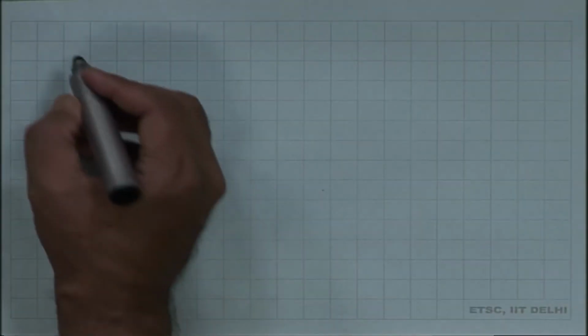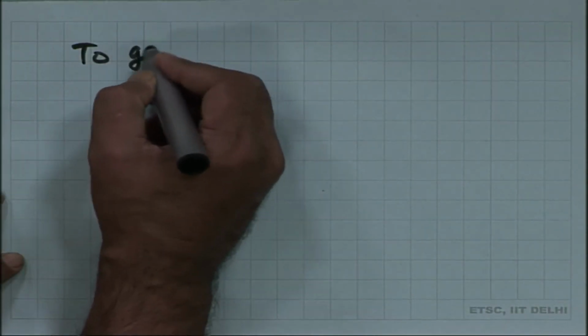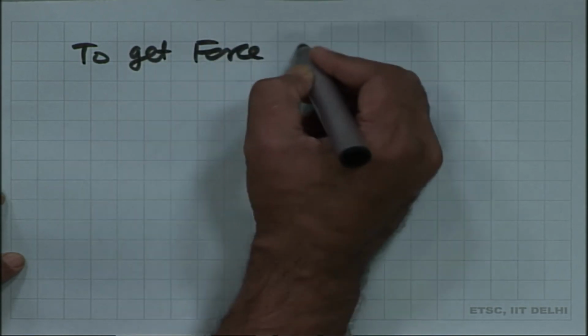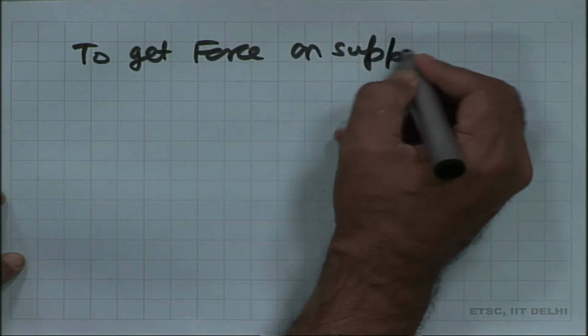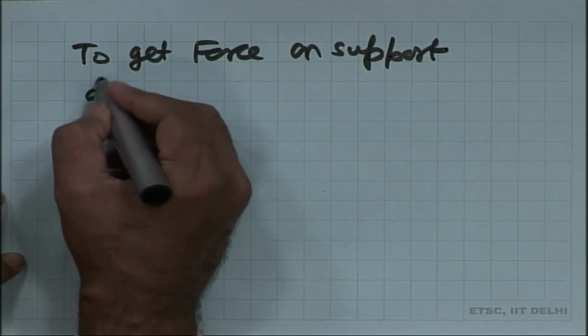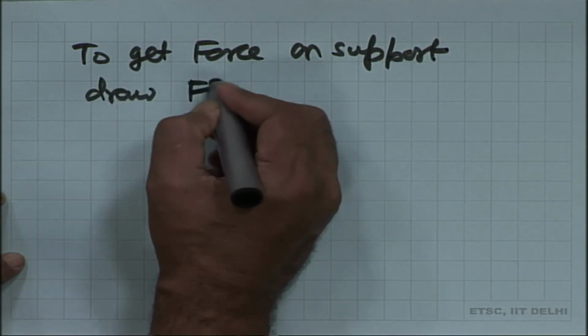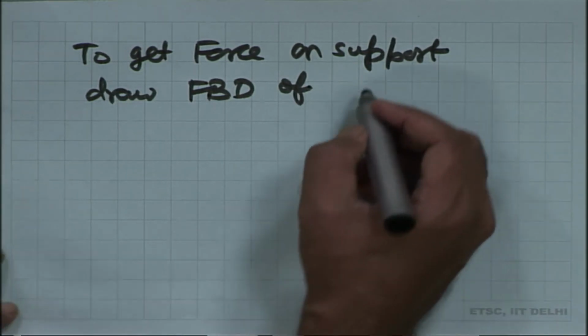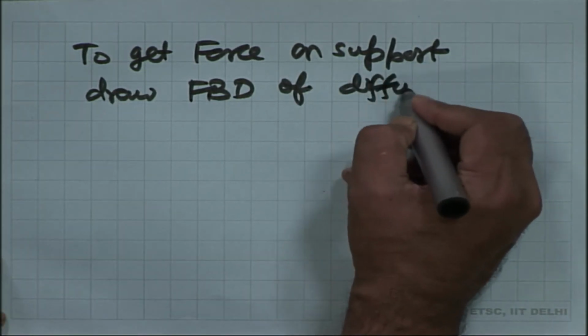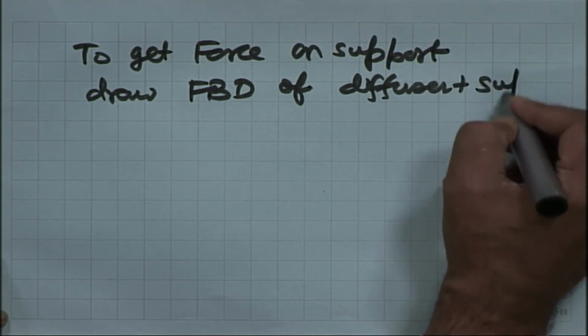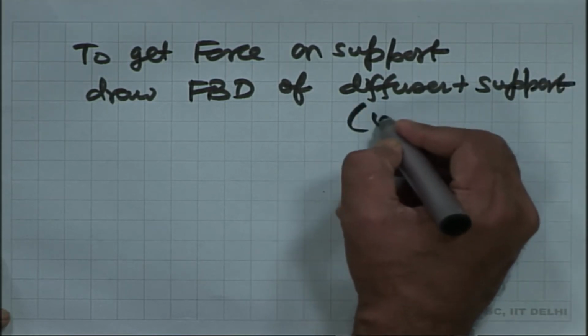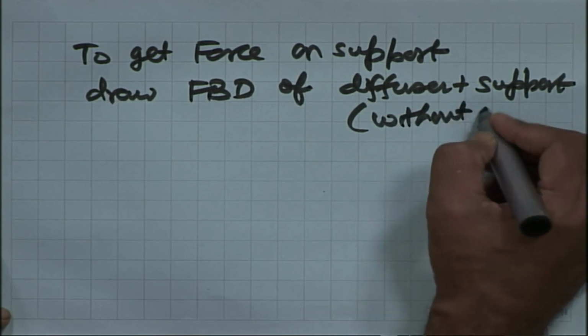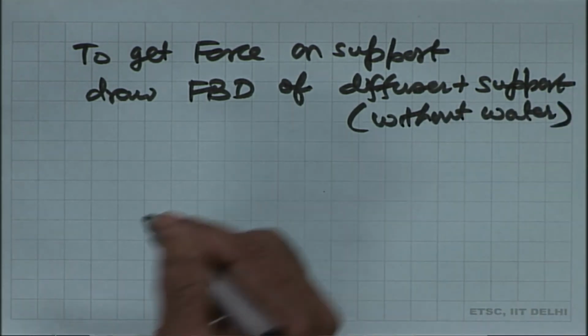So, to get force on the support, you have to draw a free body diagram of the diffuser plus support without water. So, you have to now carry out this extra exercise.